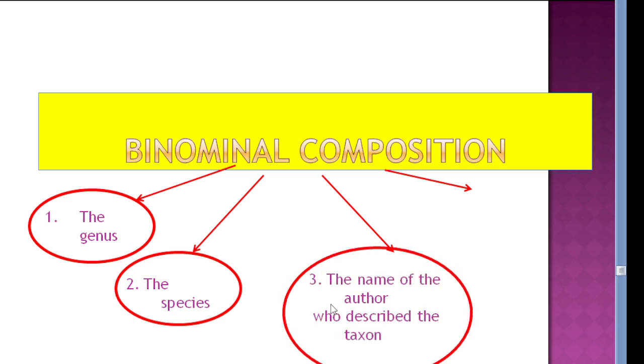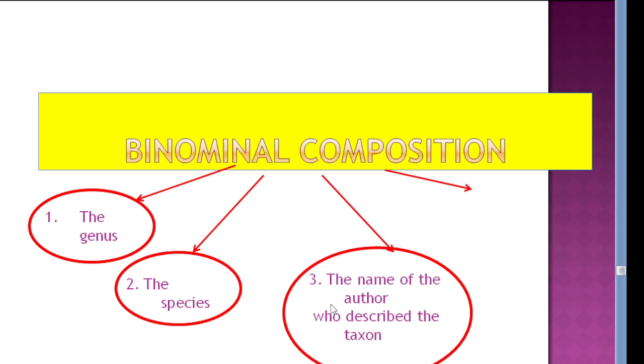Number three, in the third position, we must put the name of the author who described the taxon. So, as you know, when a scientist makes his research and discovers a taxon, after that, he must describe it, or another scientist will describe it.